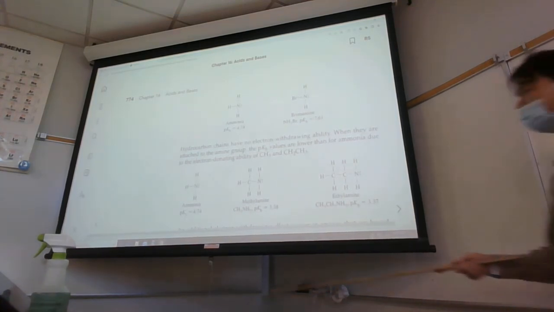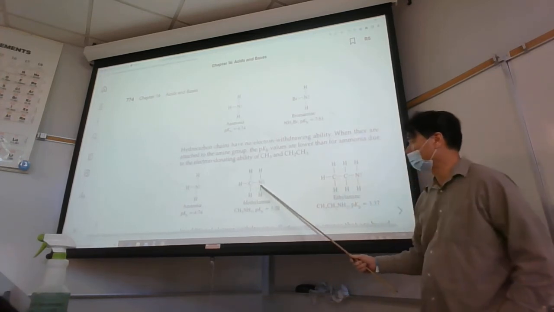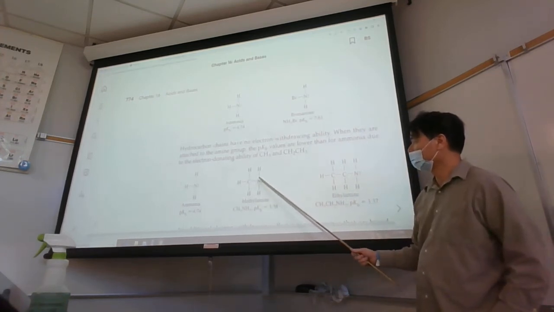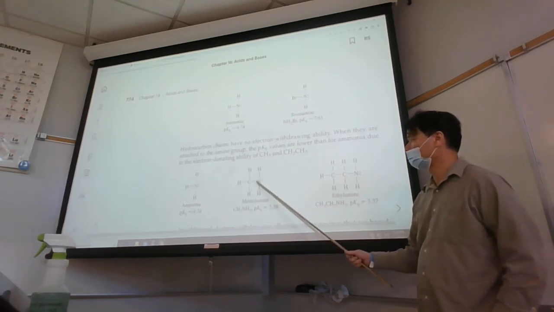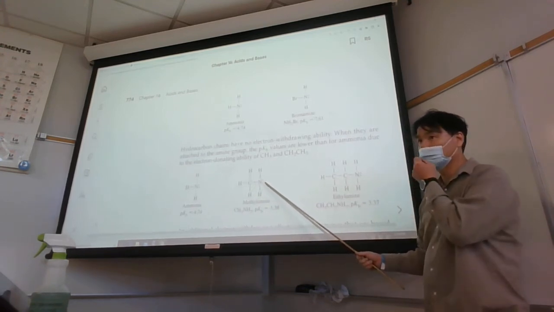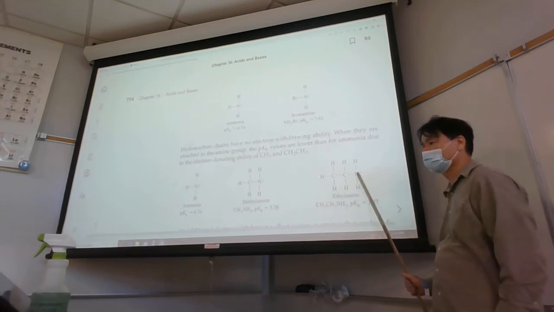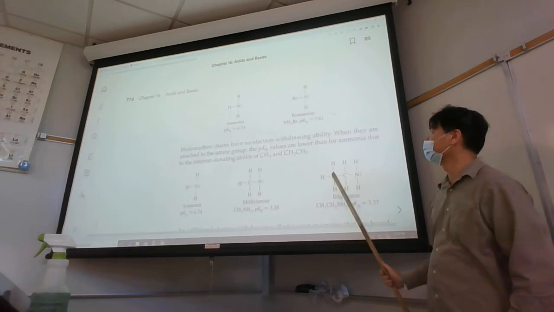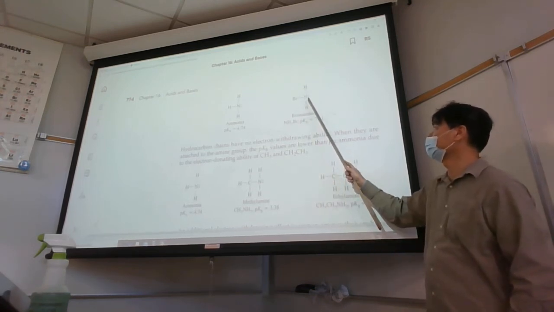This one's going to be significantly more basic. What's the oxidation state on nitrogen here? 2, 4, 6, 7, so -2. Same thing here, -2. So these are going to be quite a bit more basic. This one's going to be 2, 4, 6. This is only -1.